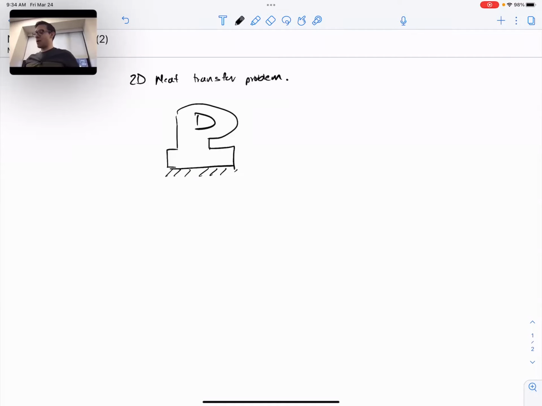So we're definitely going to do a source term and then pick a source term. I don't know, any function of X and Y or a constant.